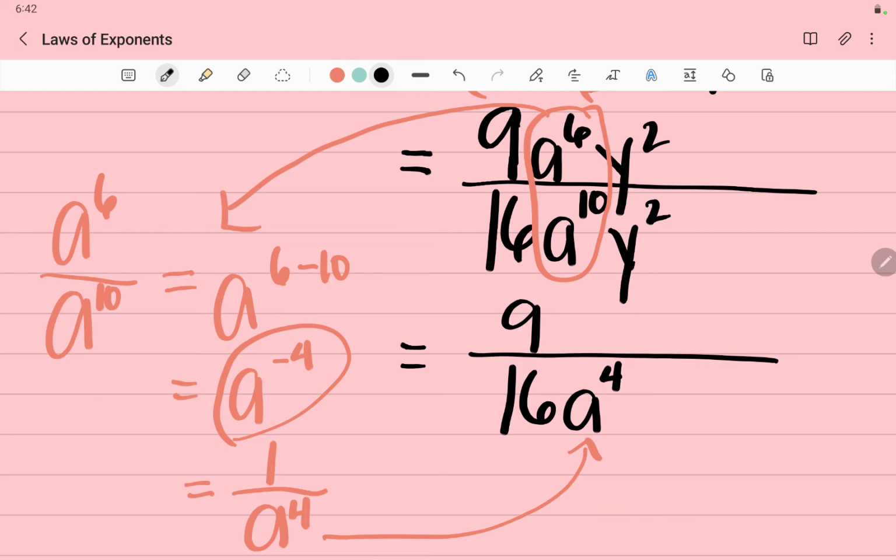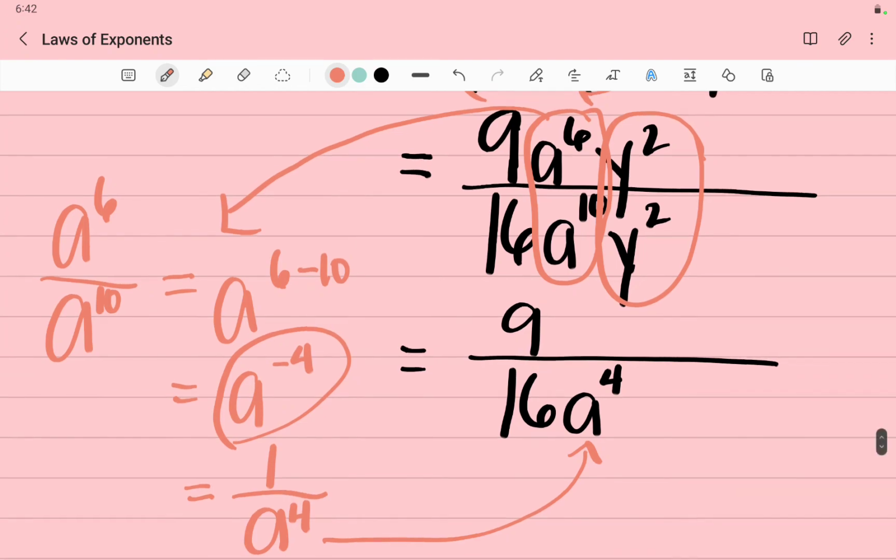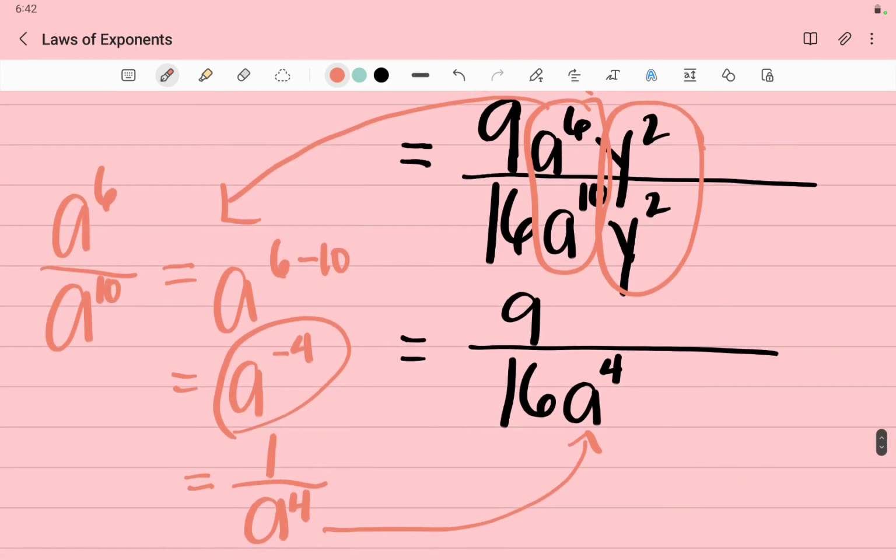Now, another. What is y squared divided by y squared? Very good.